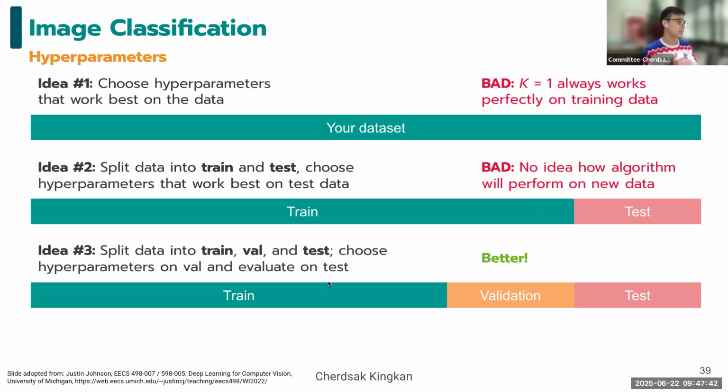All right. So the next idea would be you split the data set into 3 different data sets. That is training, validation, and testing, right? And then you train your models and test the models on the validation set, and then you evaluate your models on the test set. But you choose the hyperparameters of the models based on the validation data set. All right, so this is a better idea.